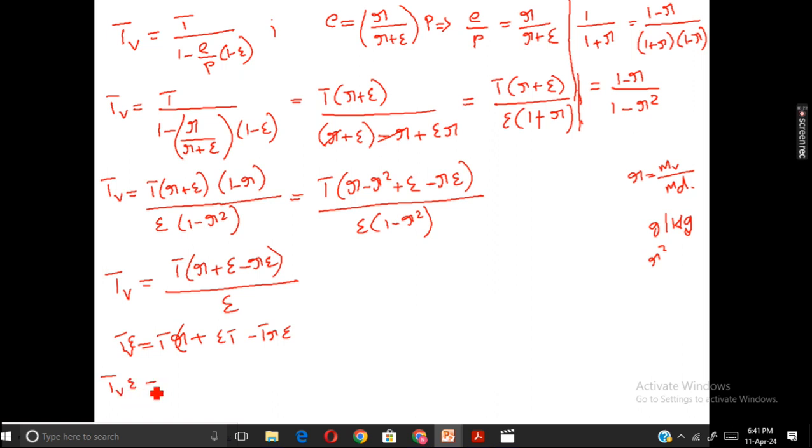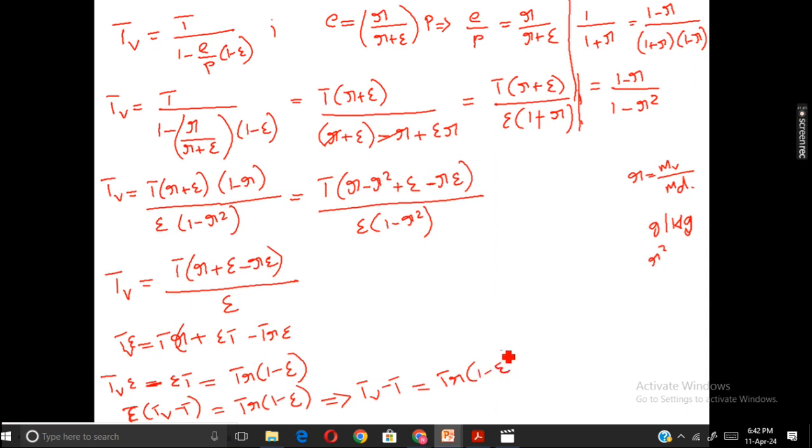So TV epsilon minus epsilon T is equal to TR into 1 minus epsilon. So TV minus T is equal to TR into 1 minus epsilon by epsilon, and the value of 1 minus epsilon by epsilon, that is 1 minus 0.622 by 0.622, is basically 0.61.